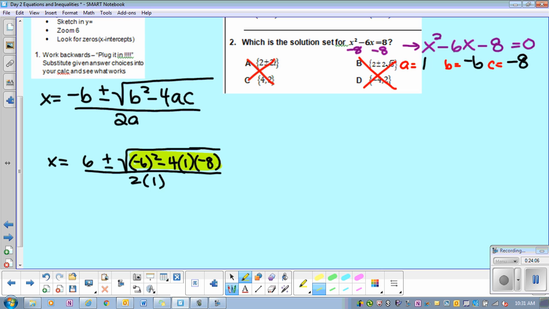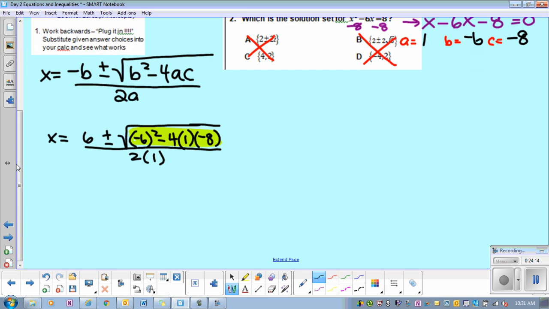6 plus or minus, inside the square root, you should get 68.